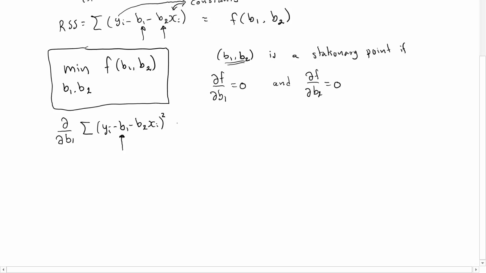So simply speaking, I can move the derivative inside the summation sign. I can take the derivative of the individual elements in the sum and sum those derivatives. So I can write this as the sum of d db1 of this expression.